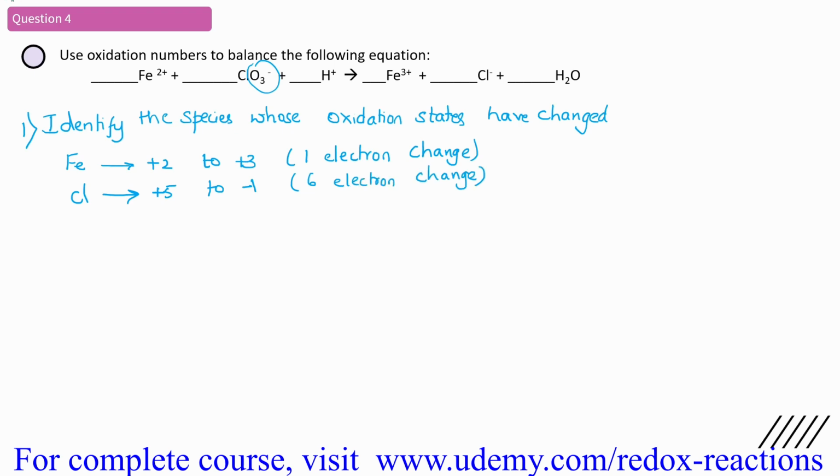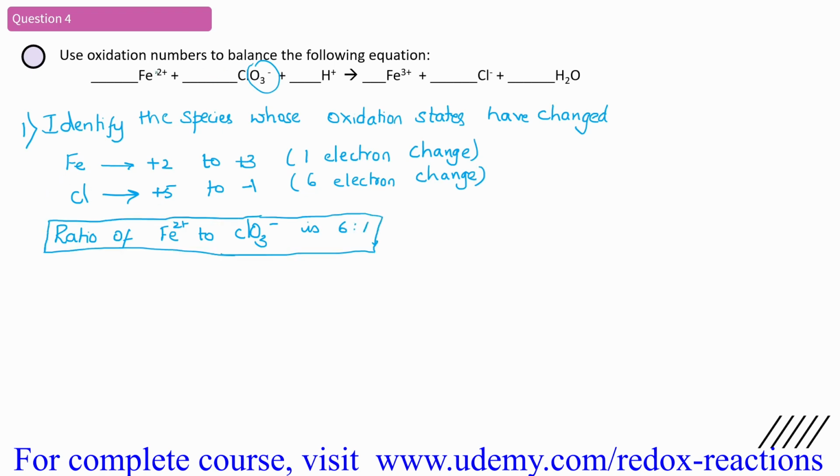Therefore we can very easily say that the ratio of iron (Fe²⁺) to ClO3⁻ is 6:1. So we can start putting it here by writing 6 iron ions and 1 ClO3⁻, giving rise to 6 Fe³⁺ and 1 Cl⁻.